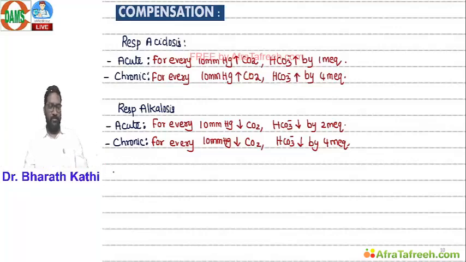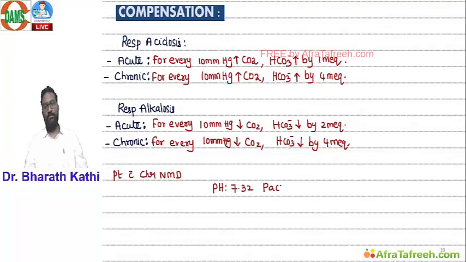Now let us do a question so that we can understand better. There is a patient with chronic neuromuscular disorder. His pH was found to be 7.32, PaCO2 60, bicarbonate 34.